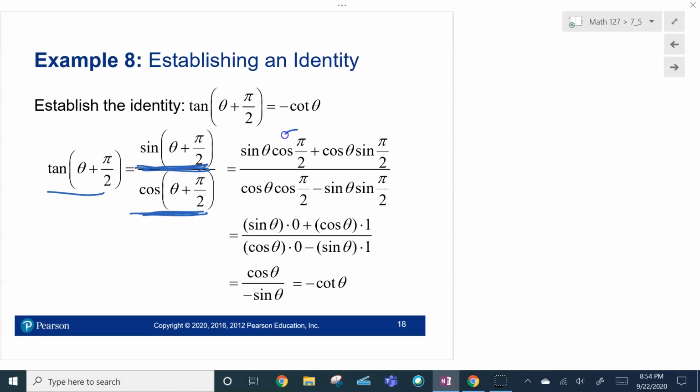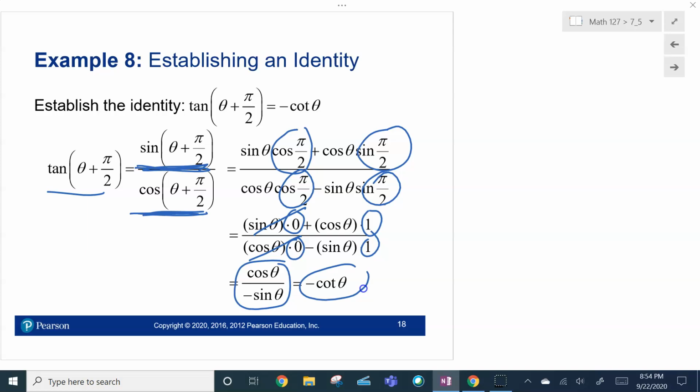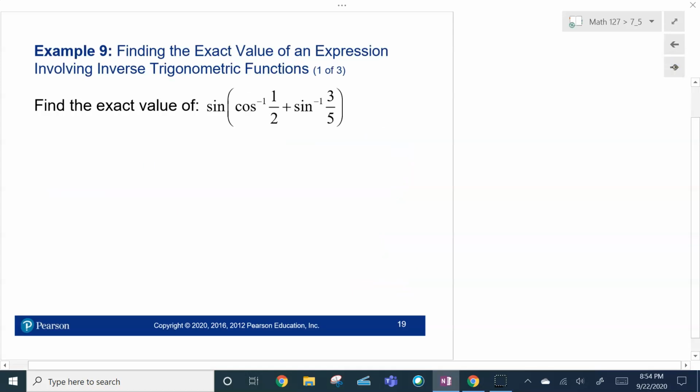And then I fill in: cosine of pi halves is 0, sine of pi halves is 1, cosine pi halves 0, sine pi halves 1. So it looks like that's gone, and that's gone. So I've got cosine over negative sine, which is just negative cotangent theta. That's what we're trying to show, to establish that identity there.